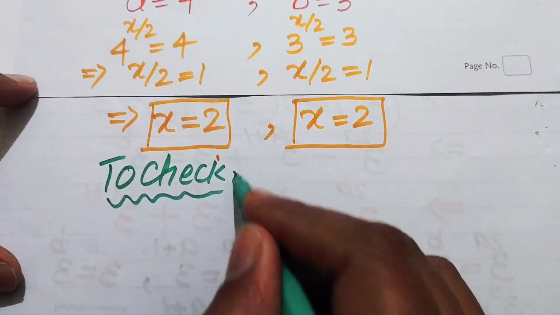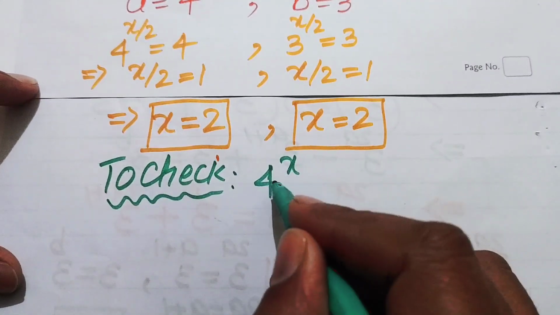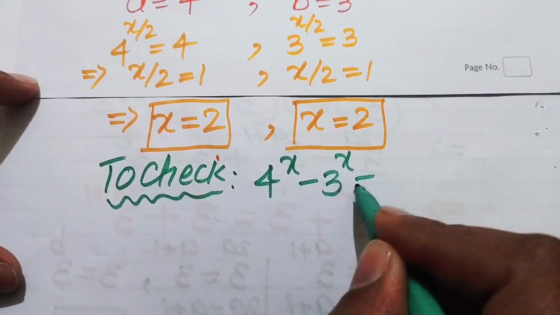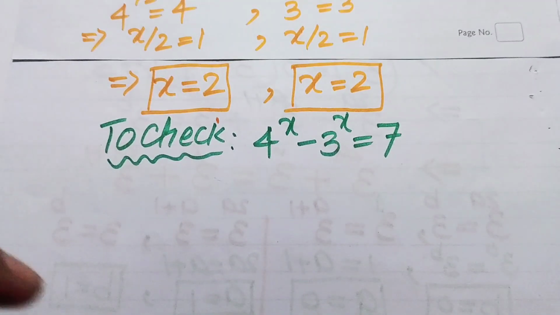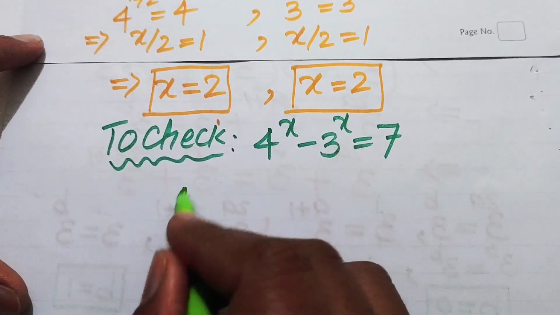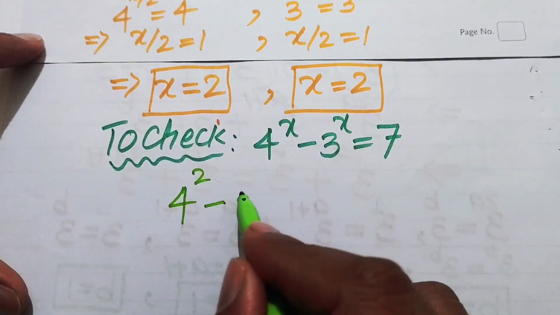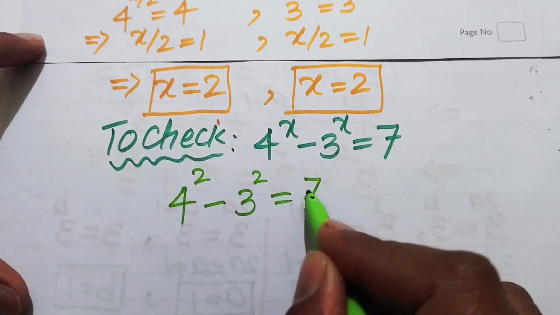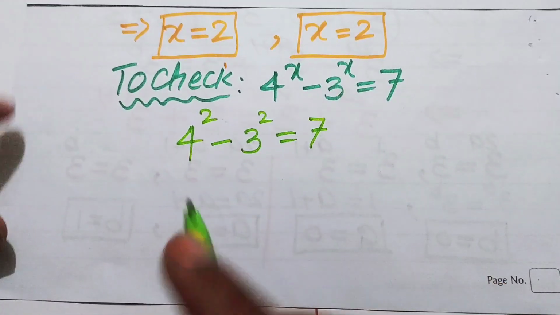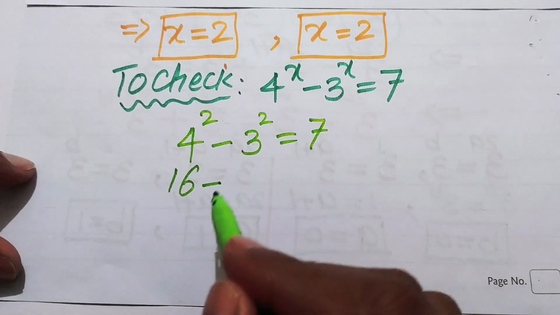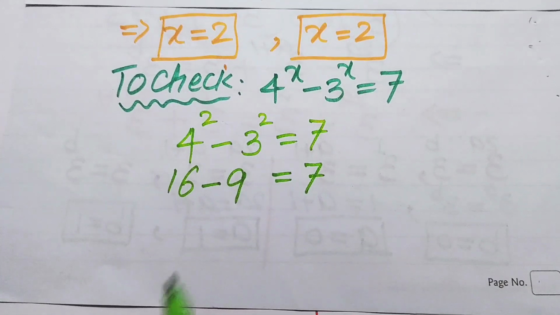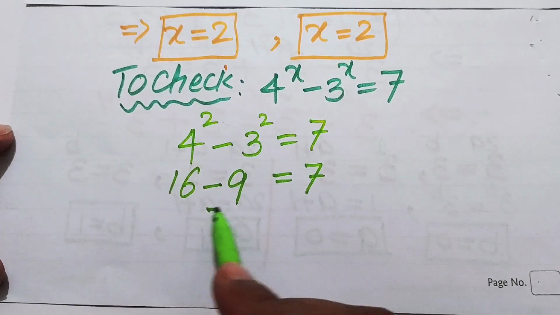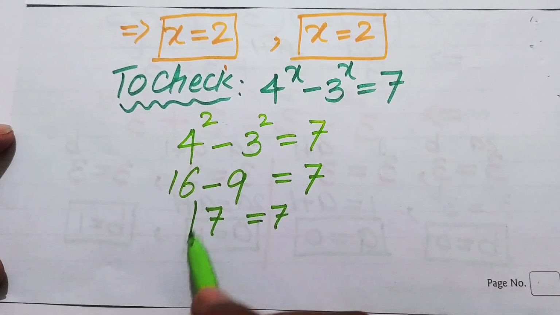Our question statement is 4 to the power of x minus 3 to the power of x equals 7. Substituting x equals 2 on the left hand side, we get 4 square minus 3 square. 4 square equals 16 minus 3 square equals 9, so 16 minus 9 becomes 7, equals 7.